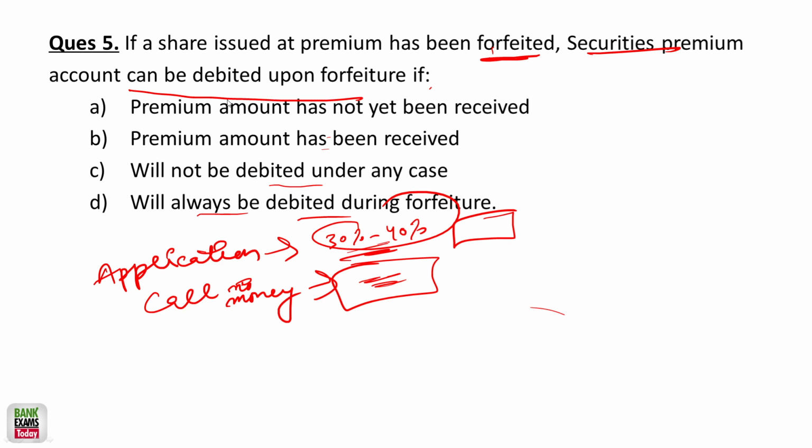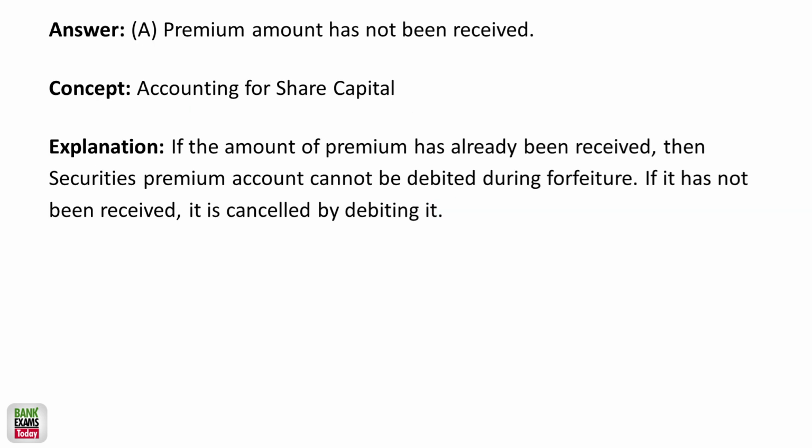If the securities premium account is not credited at any point of time, then there is no point in debiting it. If nothing went in, how will you take it out? So A is the correct answer: the premium amount has never been received.